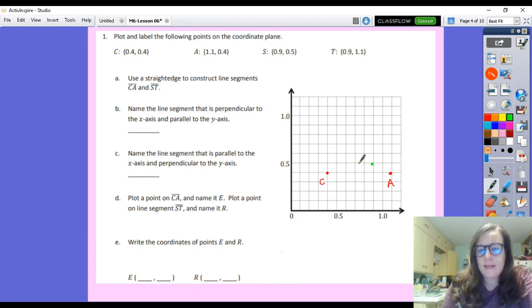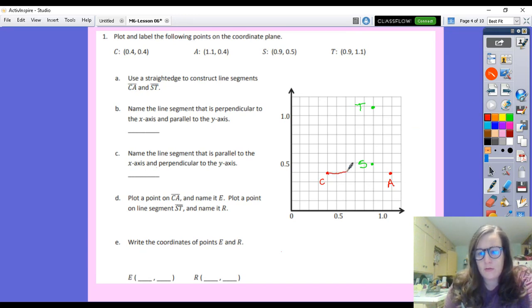And that's point S. And then for point T, I'm going to travel over 9/10 and up 1 and 1/10.